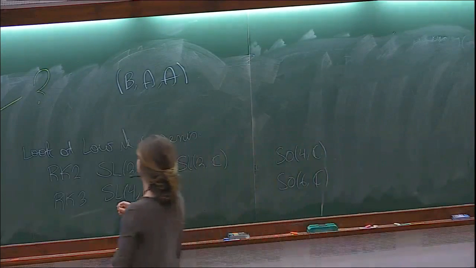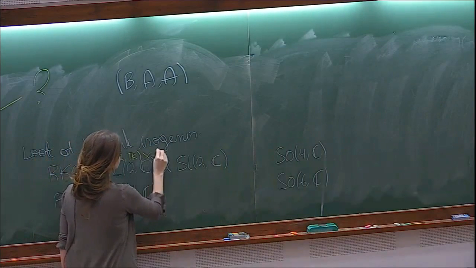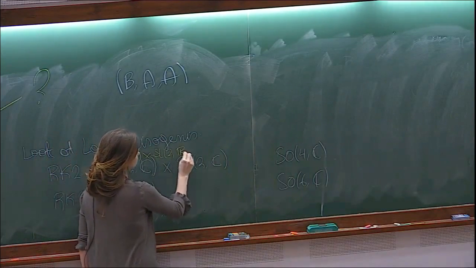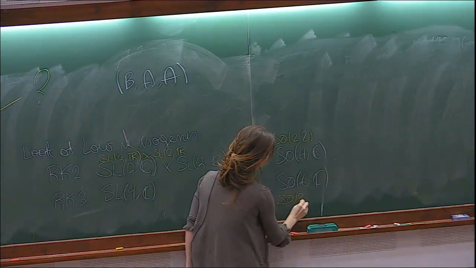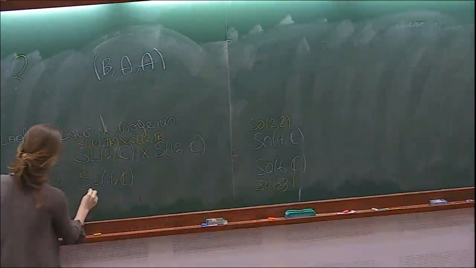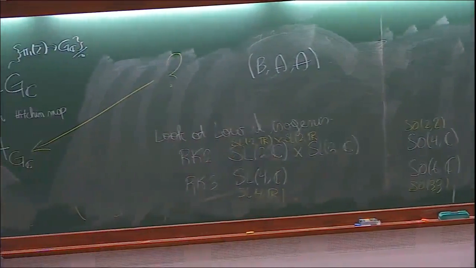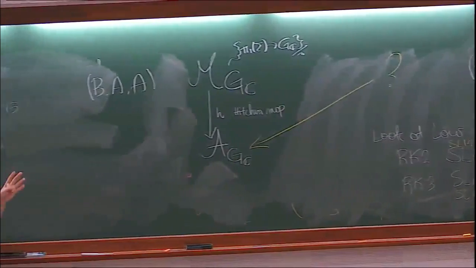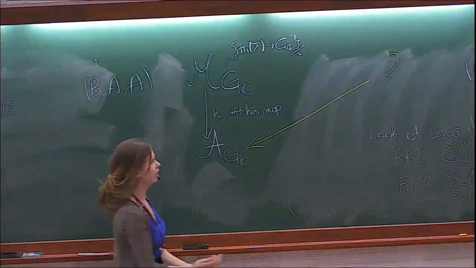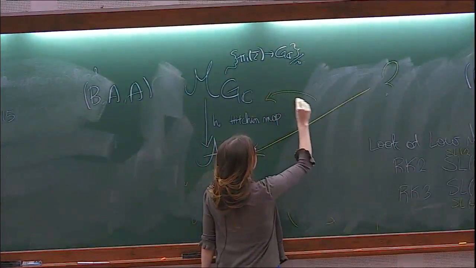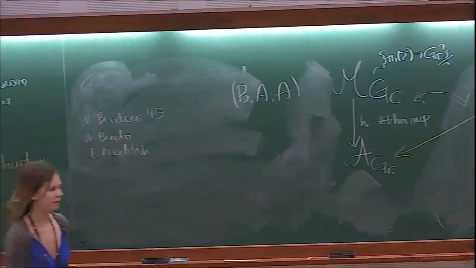So we looked here at SL2R cross SL2R, and here SO22, and here SO33, and here SL4R. If you look at these split real forms, they'll give you BAA branes in both cases. So you have a correspondence between BAA branes. And now, this is not Langlands duality. So we want to understand what is the map that sends one brane to the other. And the trick is the following.